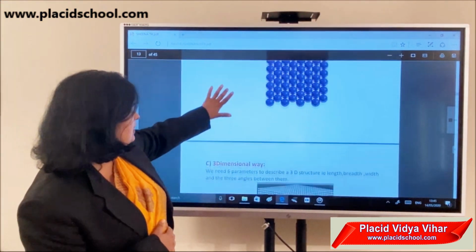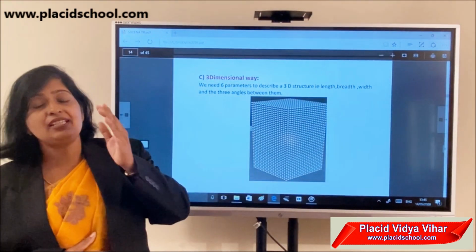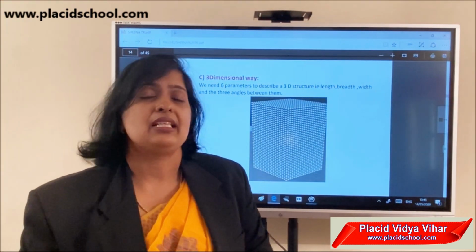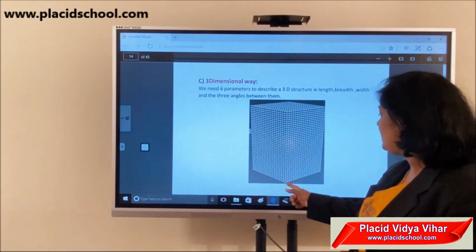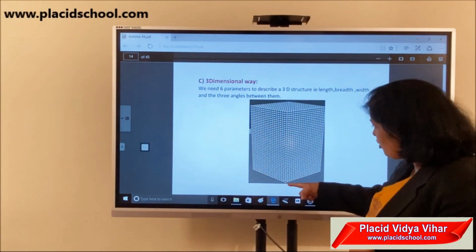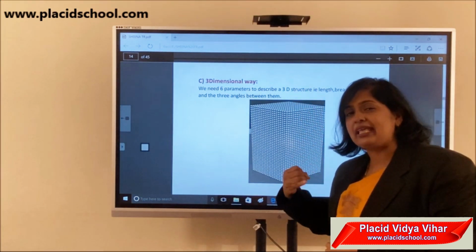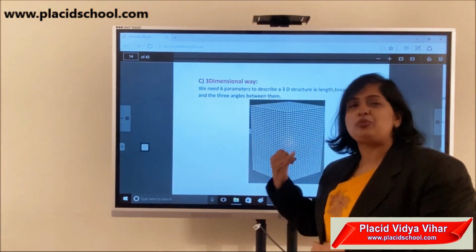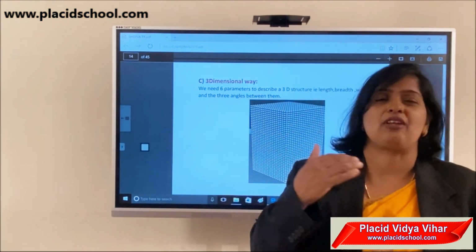In order to represent a three-dimensional object, we need 6 parameters. The 6 parameters are the length, the breadth, the width or height, and the angle between length and breadth, angle between breadth and width, and the angle between length and width.